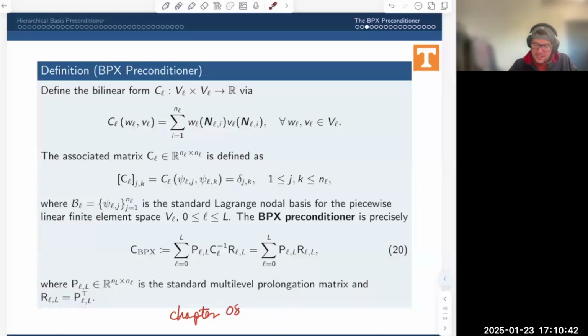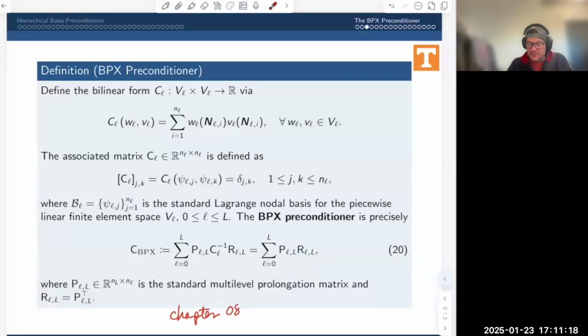So here's our BPX preconditioner. It doesn't look a whole lot different than the hierarchical basis one, but these objects are somehow a little bit more familiar to us. We know what they look like. The problem is these are not things we might have lying around. We have to build these matrix objects, and they may not have quite as many zeros as the Q matrices we had in the hierarchical basis case.